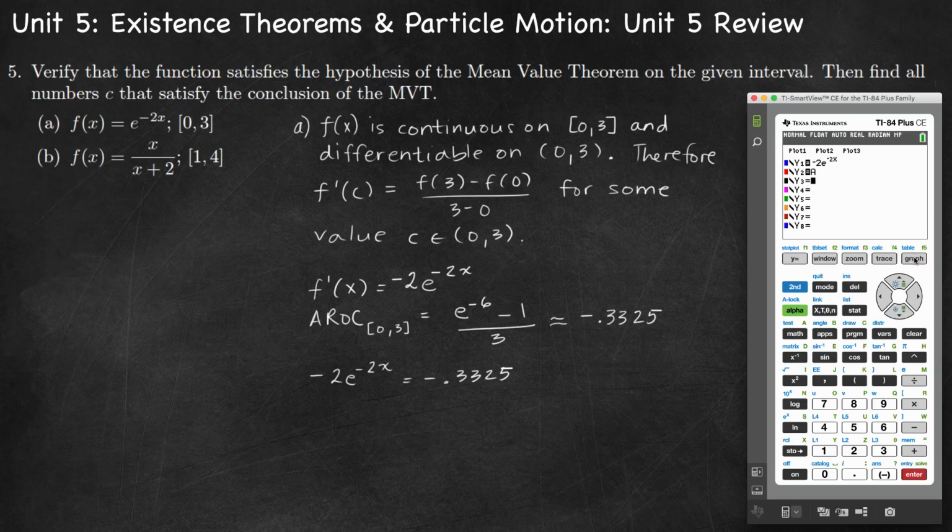And then let's look at the graph. I don't know if I have a good window. I can do a little better with the window. My y min and y max don't have to be so extreme. Maybe we'll just go from -1 to 1.